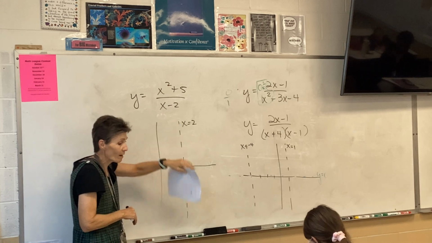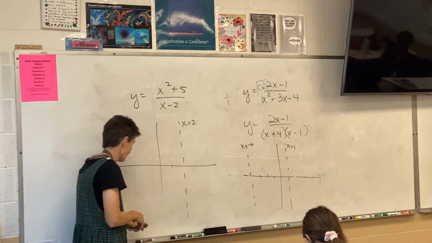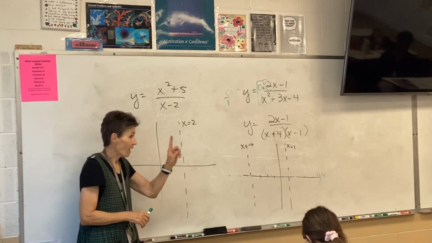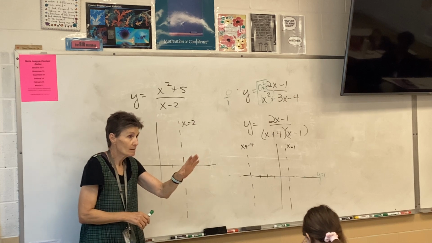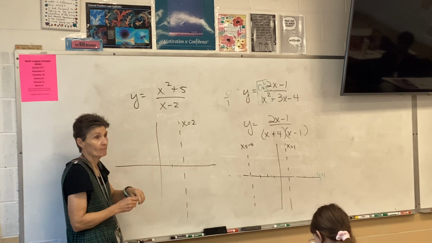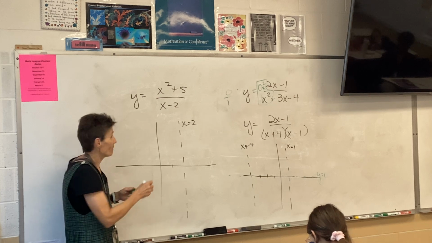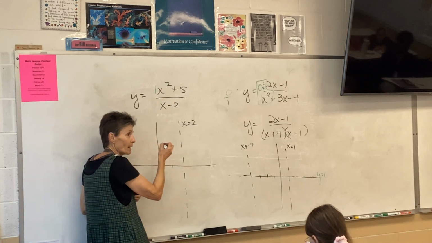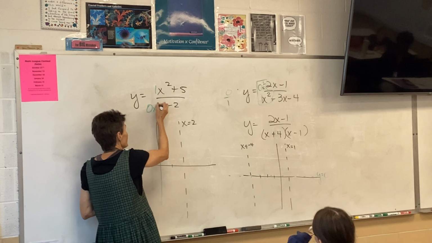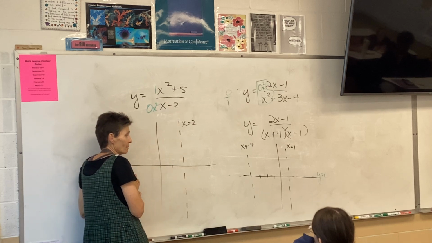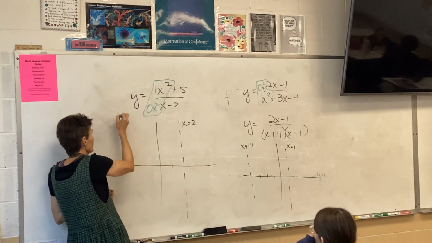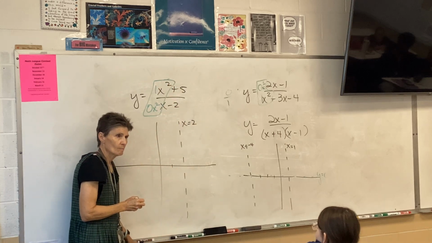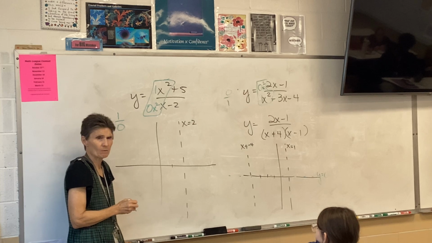Now, how do I find my horizontal asymptote? I box in the biggest x. So what is the biggest x I have? X squared. I have one of them on the top, but none of them on the bottom. So when I box them in, I actually get 1 over 0. Tell me about 1 over 0. Can't have it.